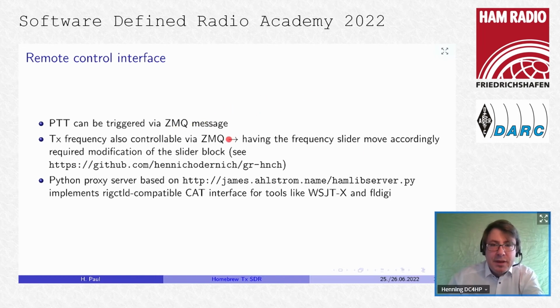By doing so, I can use my GNU Radio flow graph in connection with existing ham radio software. I used a script by James Alstrom as a starting point. You can find it on his website. It's very well explained, and you can easily extend his code in order to do the stuff you would like to see.